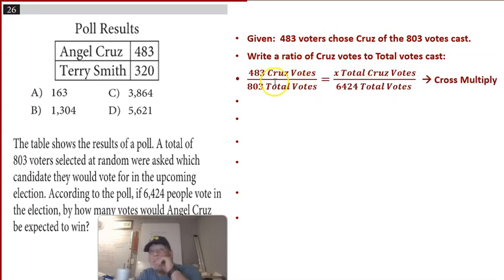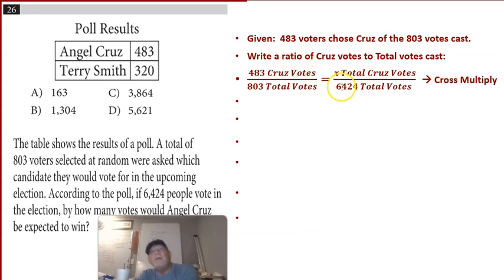You write two ratios. So the first ratio is on the left. It equals a second ratio on the right. So we know 483 out of 803 is going to equal, we don't know how many, total votes over the total number. And then to solve a proportion, which is two ratios set equal, cross multiply.